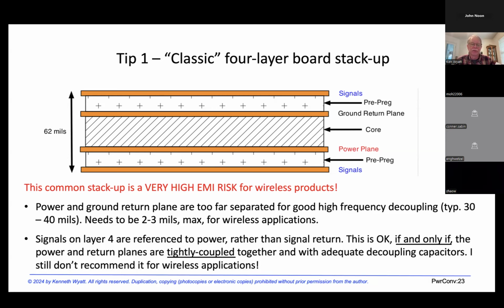The other problem is ideally we want the power and ground return planes very close together. And on a 62 mil standard thickness board, the power plane and ground planes are too far apart. They're 30 to 40 mils apart, and so you don't get the best coupling that way either.